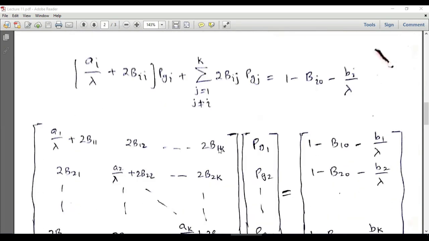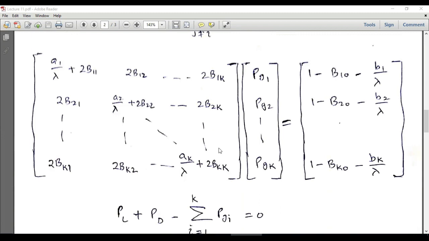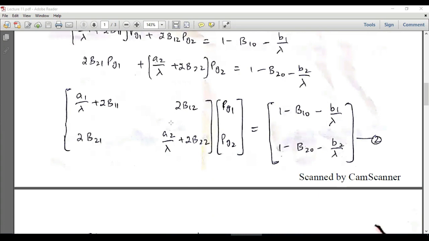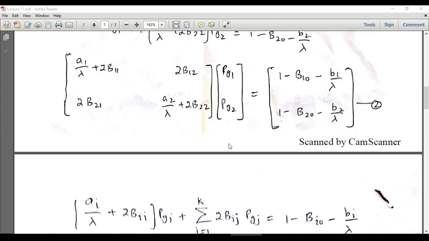If we have a total of k generators in a network, then we will have a k by k matrix here, a k by 1 column vector here, and a k by 1 column vector of the generators Pg1, Pg2 up to Pgk. For a 2 by 2 matrix, we will have such an equation, corresponding to a system with two generators.